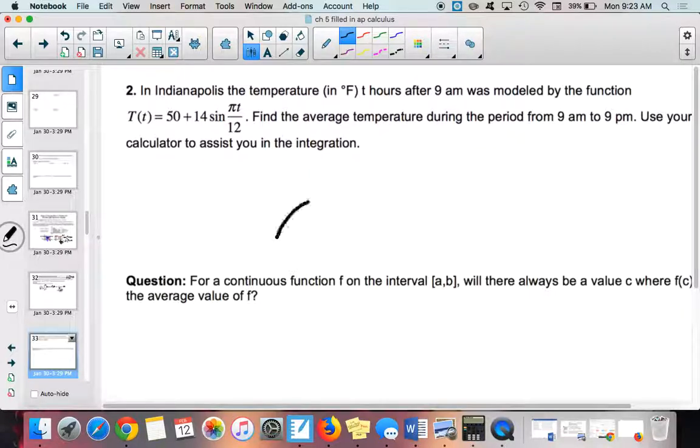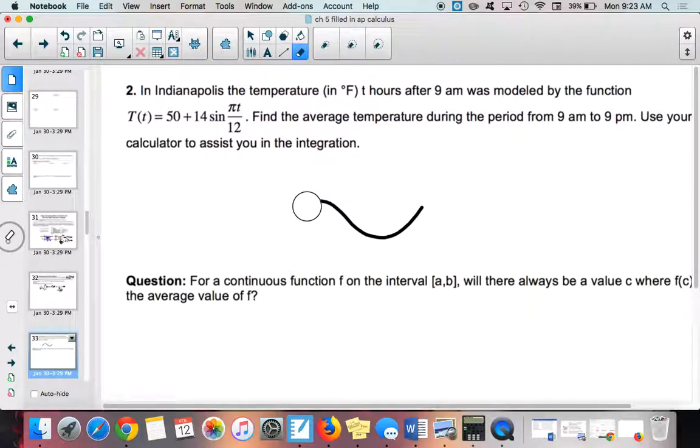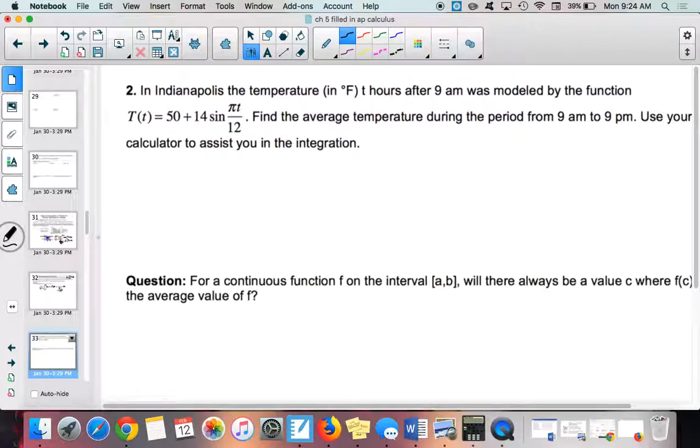So do you guys understand why temperature is a sine curve? In the morning it's cold, throughout the day it gets warmer, right? Does that make sense? And then it gets cold at night, and then it gets warmer as it approaches the morning again. All right, so we're going to have our temperature function.